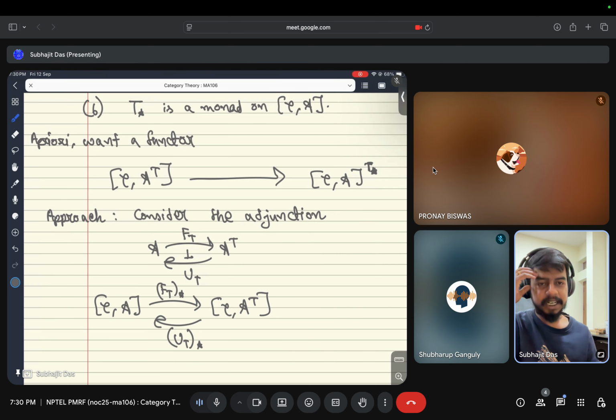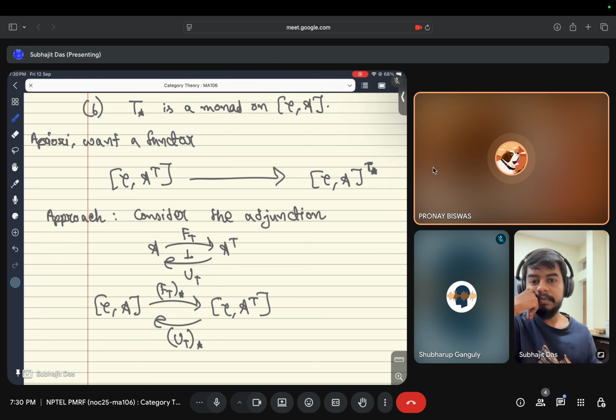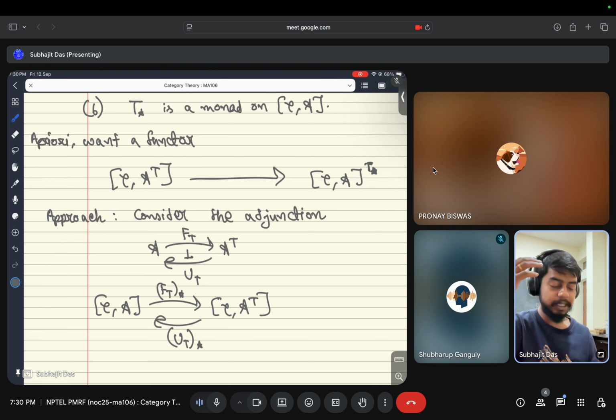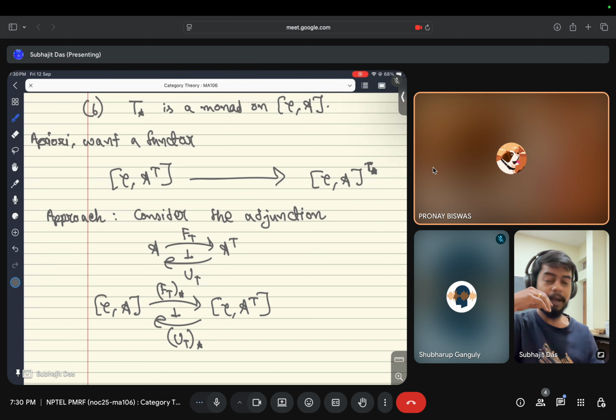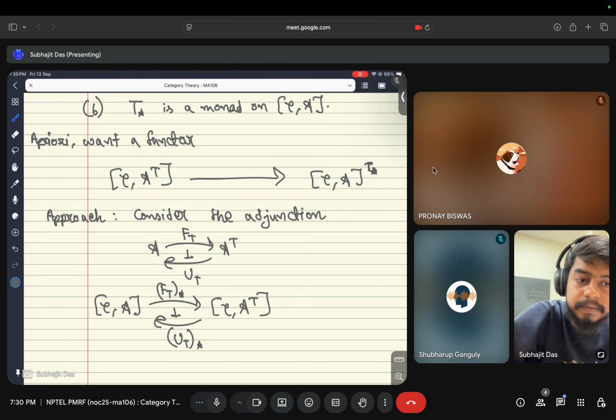What does intuition say right now? Wait, there should be an adjunction here as well, right? Why? Why should there be an adjunction here as well?